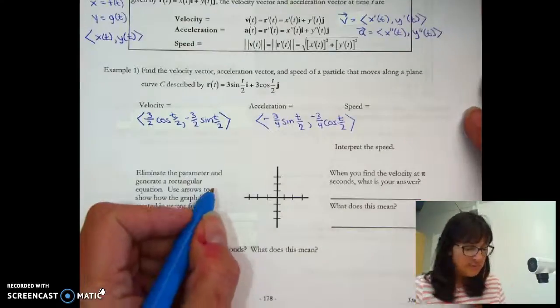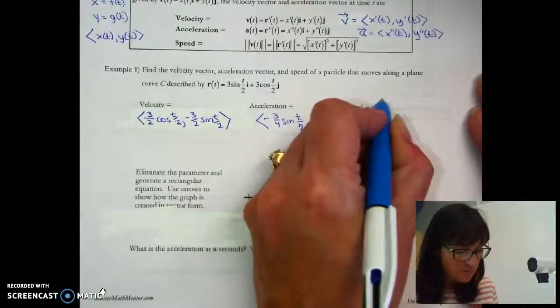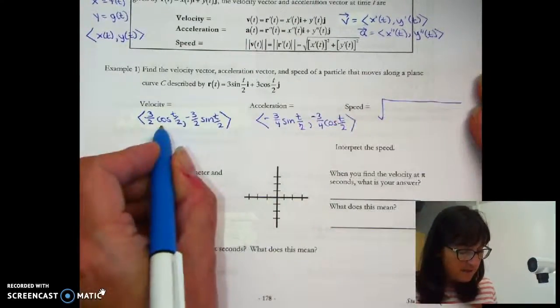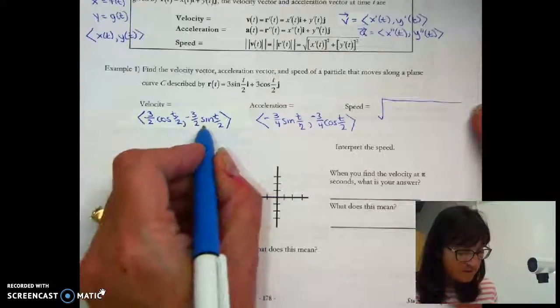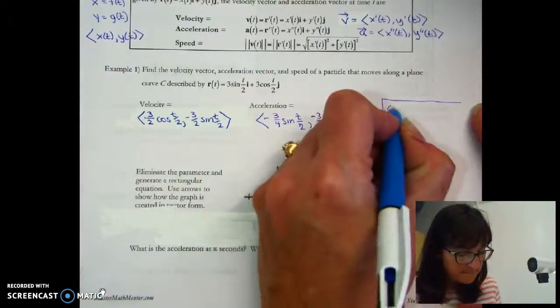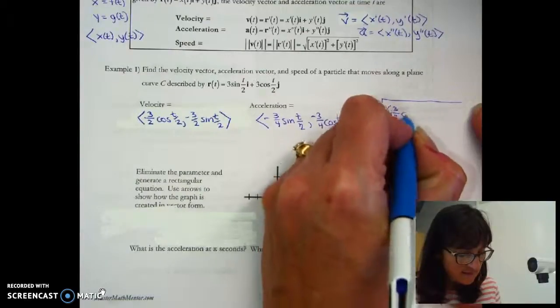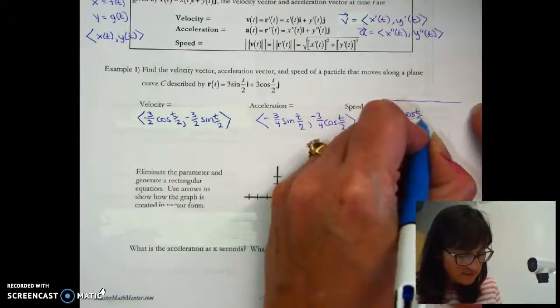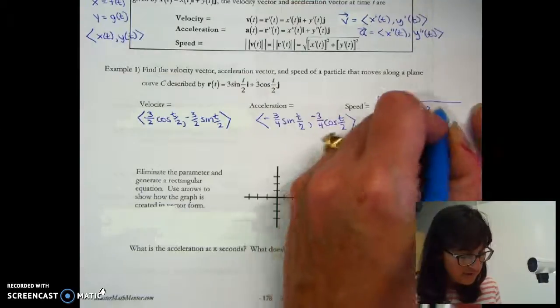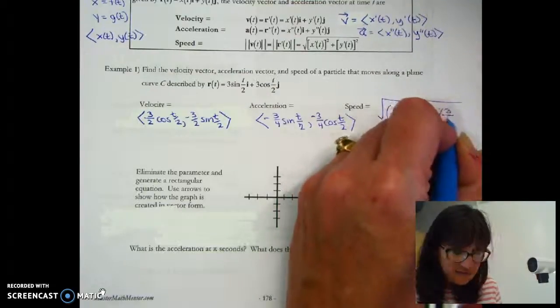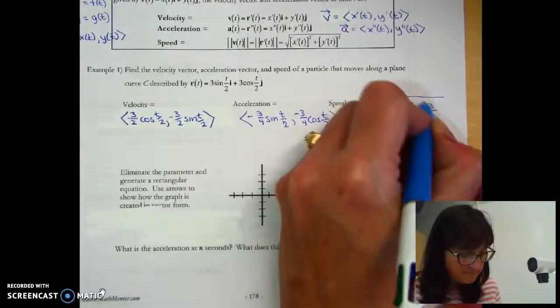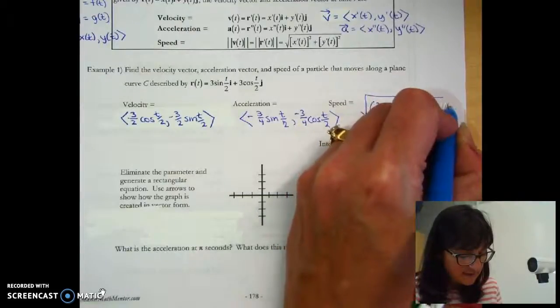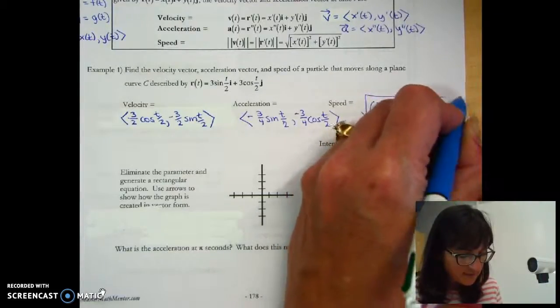And then I can actually do the speed as well. I simply need to do the square root of x prime quantity squared plus y prime quantity squared. So that's going to be 3/2 cosine t over 2 squared plus negative 3/2 sine of t over 2 quantity squared. And that's all underneath the square root.